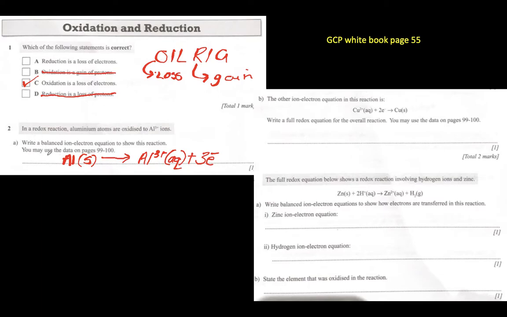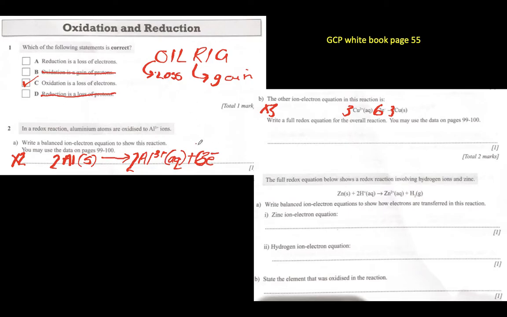What we have to do is multiply everything in the oxidation reaction by 2. So we have 2 aluminium, 2 Al 3 plus, and 6 electrons. We have to take the copper equation and multiply it by 3. So we have 3 copper ions, 6 electrons, and 3 copper atoms.